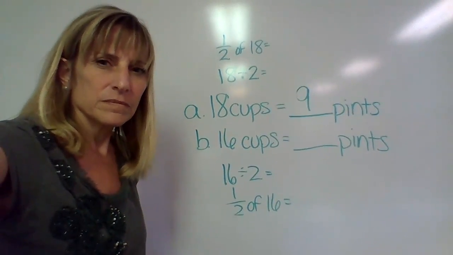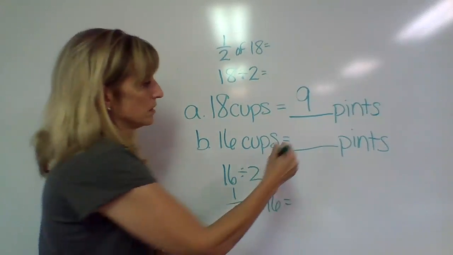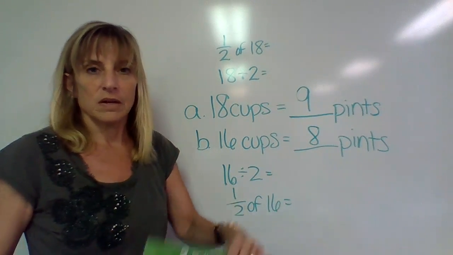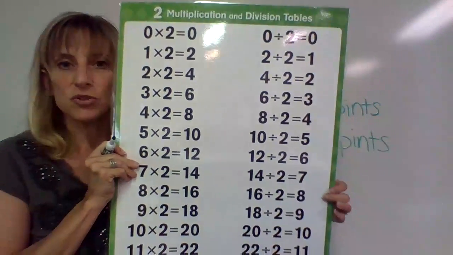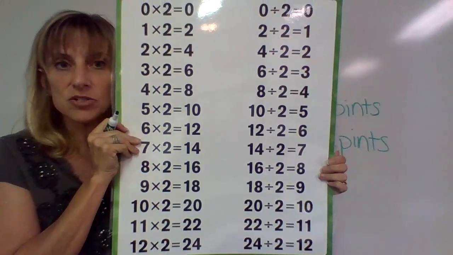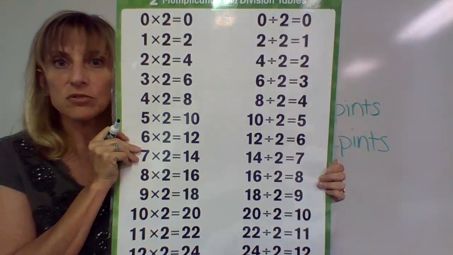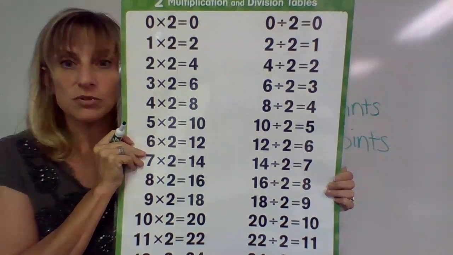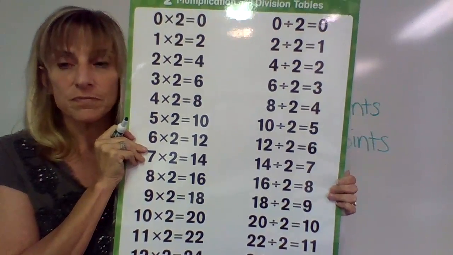Okay? And hopefully you got the number 8. And you can reference back to your multiplication chart that I sent to you guys if you need to. And hopefully if you can print it out also from the computer, I would recommend doing that also.